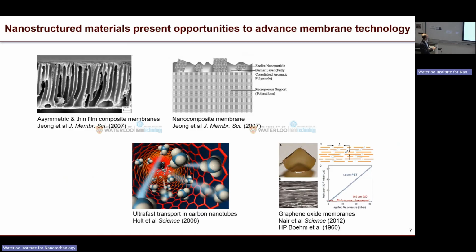Because then the rest of it is acting as a support, and the selective layer is a thin layer that doesn't offer that much resistance to flow. And then people have looked at incorporating materials like zeolites or metal organic frameworks into membranes. Then you can think about exploiting properties of materials like carbon nanotubes or graphene and graphene oxide. And all of these have room to advance some of the membrane technologies and address some of these issues.